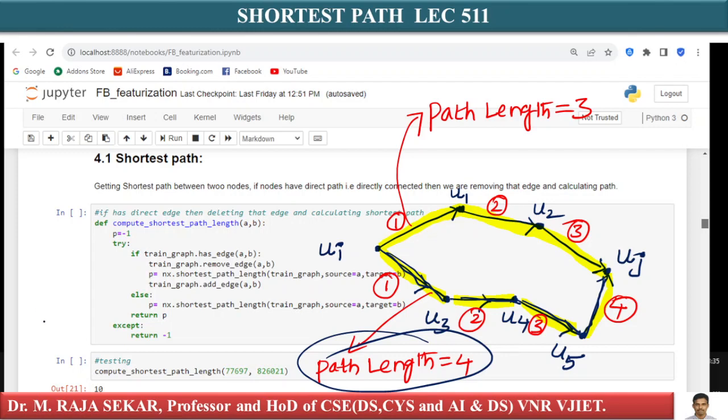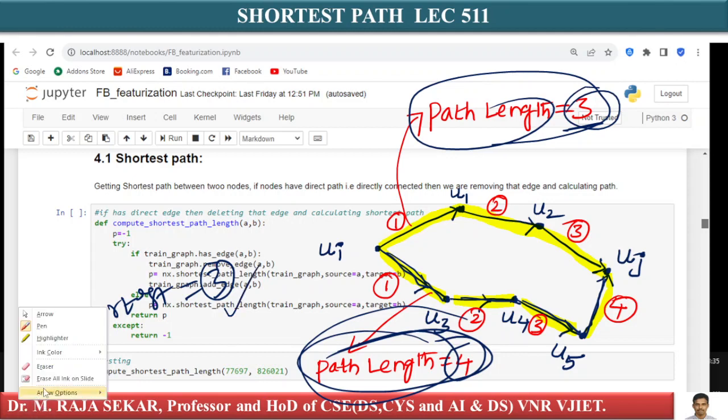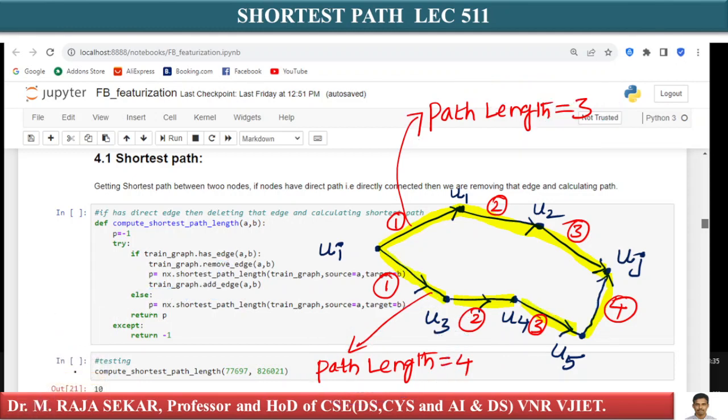What is the shortest path length here? The shortest path length is equal to 3. Why? Because this is one possible path length, and there is another possible path length. The minimum of 3 comma 4 is 3. Therefore, the shortest path length is equal to 3.